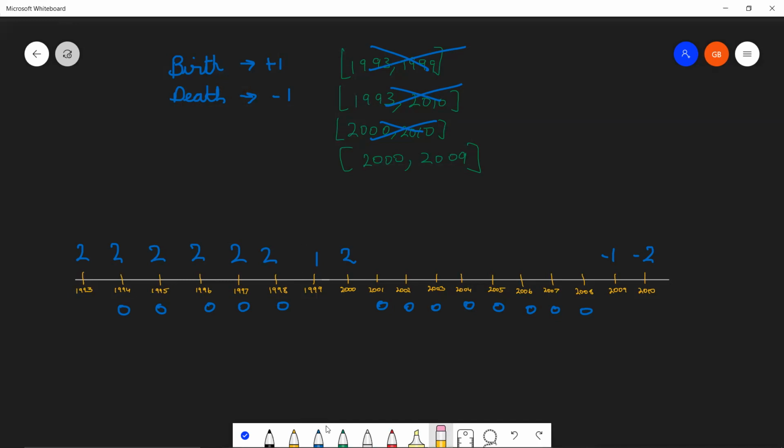Just going to remove this minus over here. 1 + 2 will give me 3. 3, 3, 3, 3, 3, goes on and on. Then here I'll make it 2 because 3 - 1 is 2. And then finally 2 - 2 is 0, right?